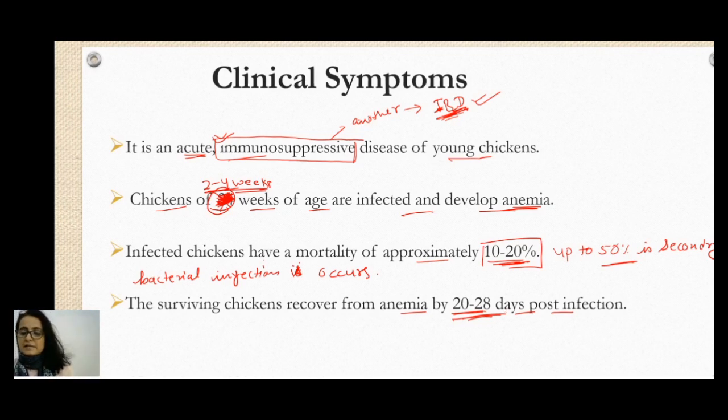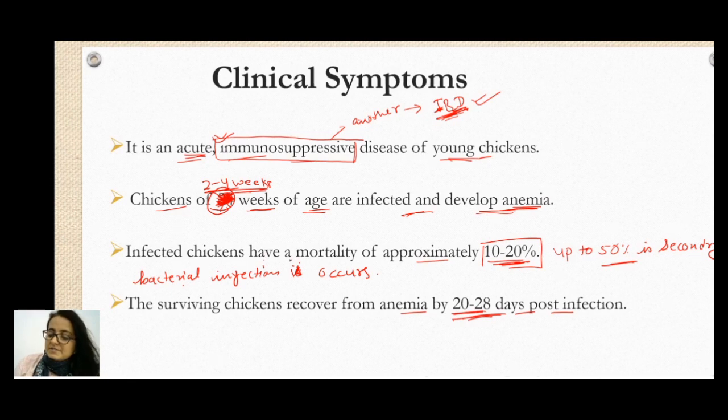So this is an acute, immunosuppressive disease of young chickens. Chickens of 2 to 4 weeks of age are infected and develop anemia.